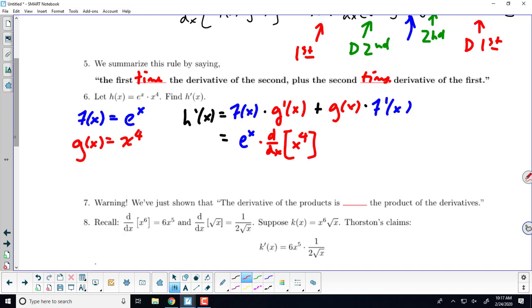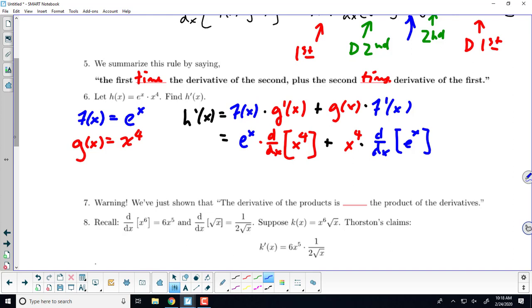If it's because you're not completely comfortable with this notation, well, let's keep writing it out. Okay? Plus, so let's see here, we've got g of x, which is x to the fourth, times, by Leibniz's notation, the derivative of e to the x. Does everyone see what I just wrote there?